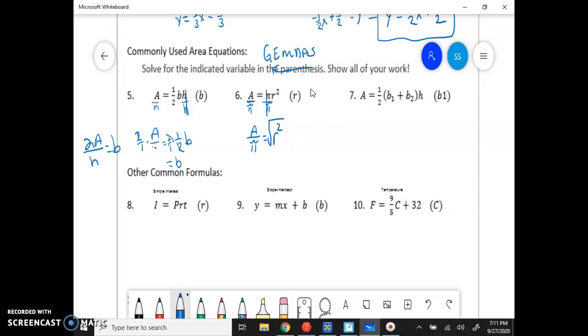So if I take the square root of R squared, I'm left with R. If I do it to one side, I've got to do it to the other side. So I can just leave it like this: the square root of A divided by pi is equal to the radius. Okay?